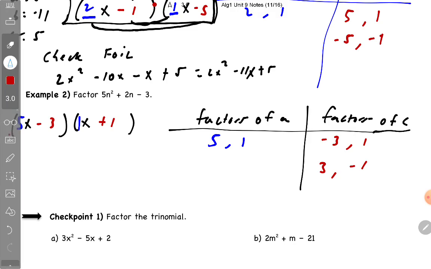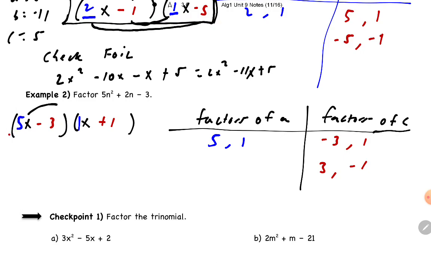We remember that our outside and our inside numbers, this 5x is going to be multiplied by whatever this red number happens to be. So that's going to give us a positive 5x in our outside numbers. Our inside numbers will give us a minus 3x, which gives us our b value, which is 2.